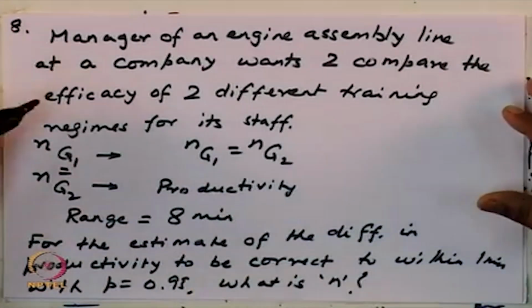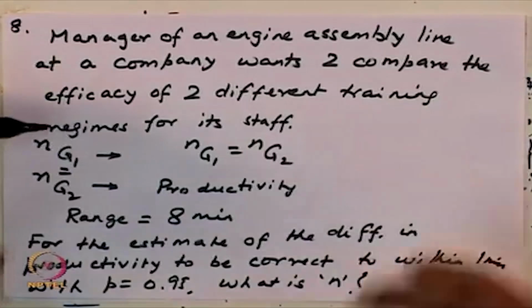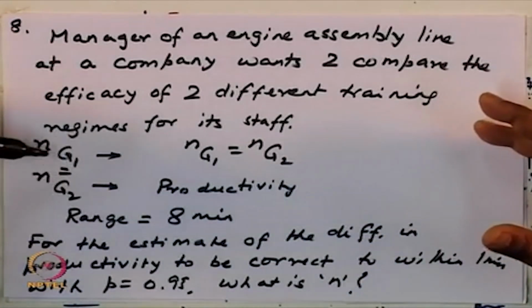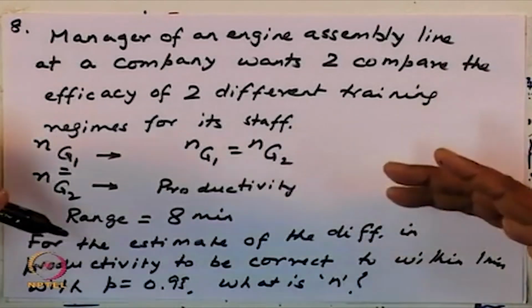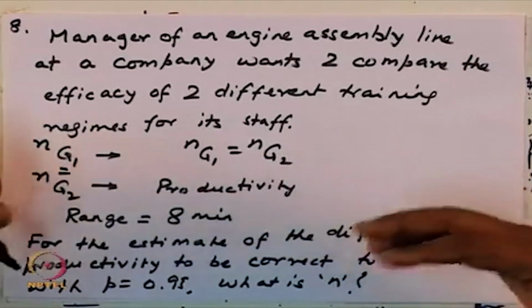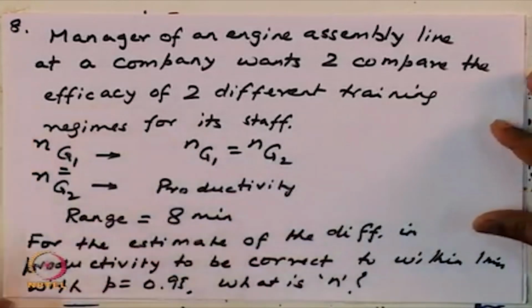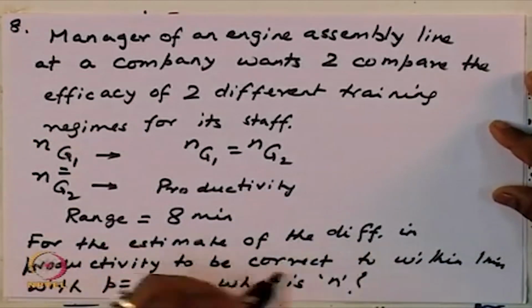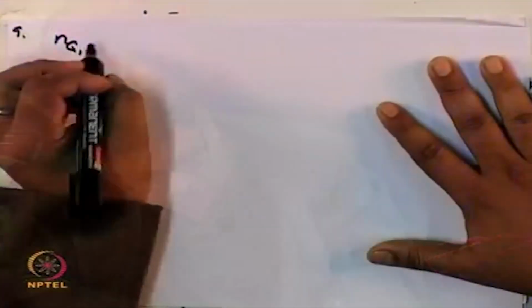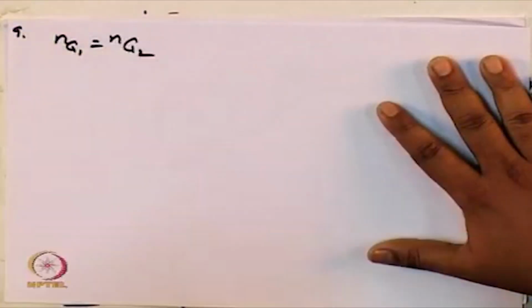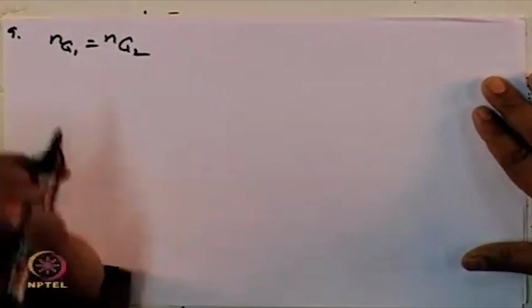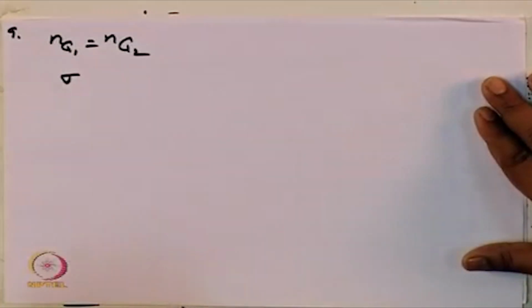In other words, what the question asks is how many people need to be in each group, so that when we compare the statistics of their performance, the difference in their average performance, the estimate of the difference in productivity is correct to within 1 minute. So, what we are given, you have n of G1 equal to n of G2. What you are also given is the standard deviations.